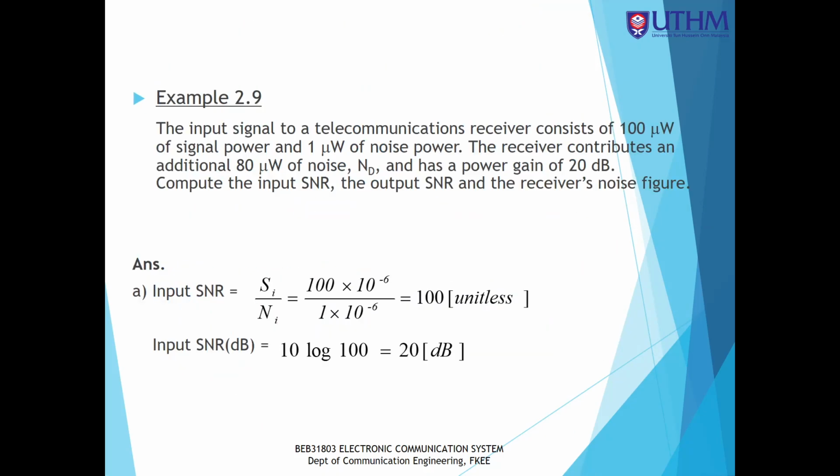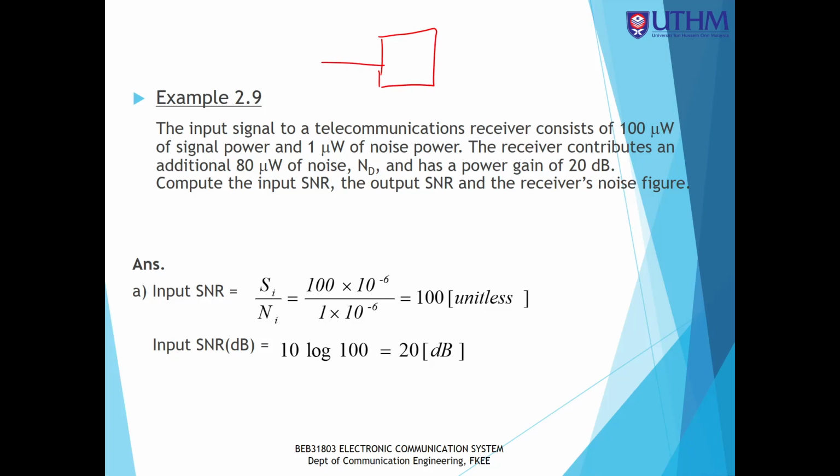Okay, let's do an example so that you can have more understanding about this. The input signal to a telecommunication receiver consists of 100 microwatt of signal power and 1 microwatt of noise power. So here we have a telecommunication system. We can just draw a box like this.